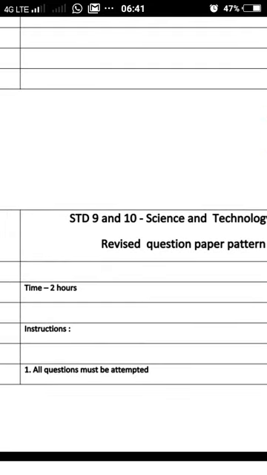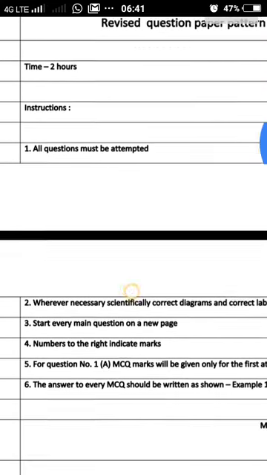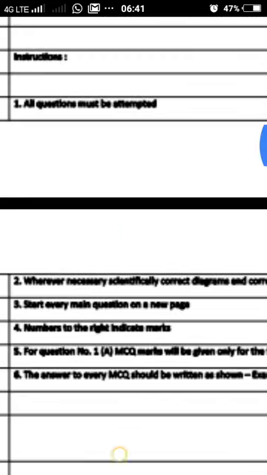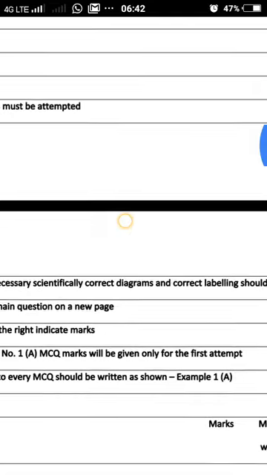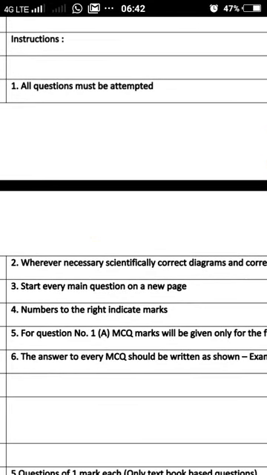So as you are seeing here, very first, all the questions must be attempted. The second, wherever necessary, scientifically correct diagrams and correct labeling should be drawn. The very important instruction: start every main question on a new page.